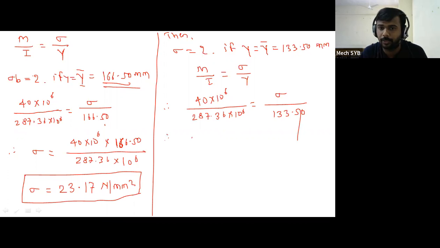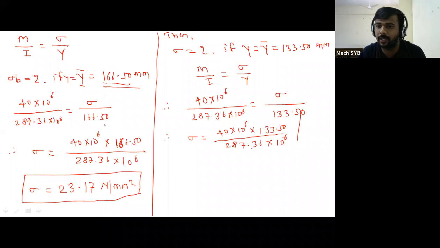So sigma is equal to 40 into 10 raised to 6 into 133.50 divided by 287.36 into 10 raised to 6.